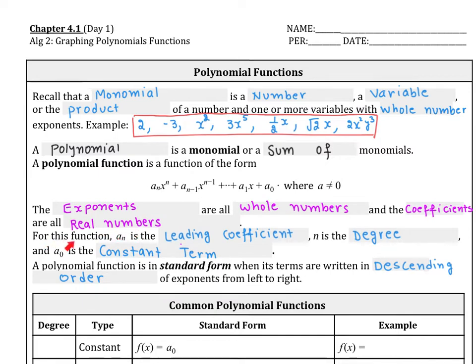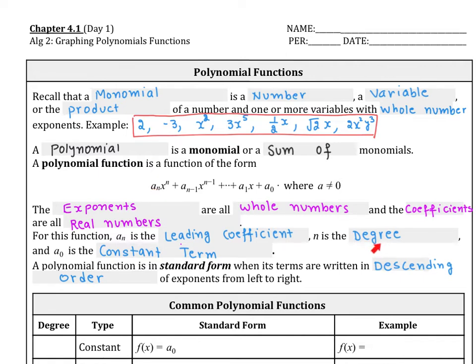For this function, a sub n, which is in the front, with x to the power n being the highest exponent, the number in front of the highest exponent variable is called the leading coefficient. So a sub n is called the leading coefficient because it's in the front.